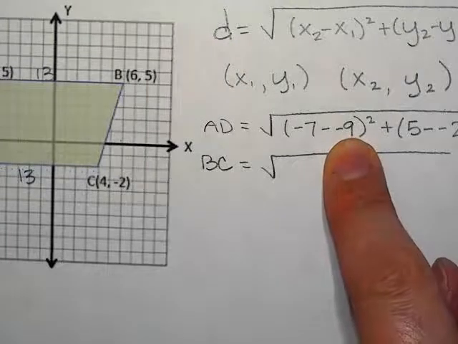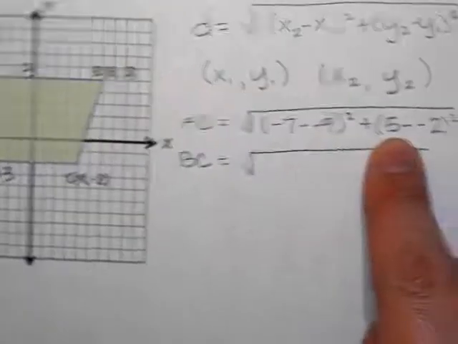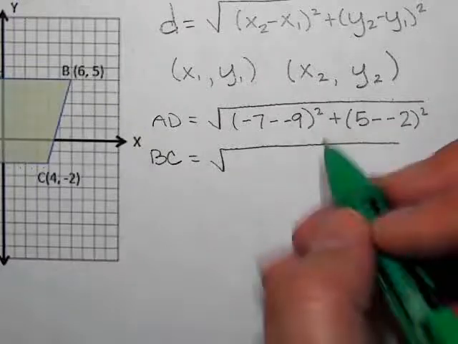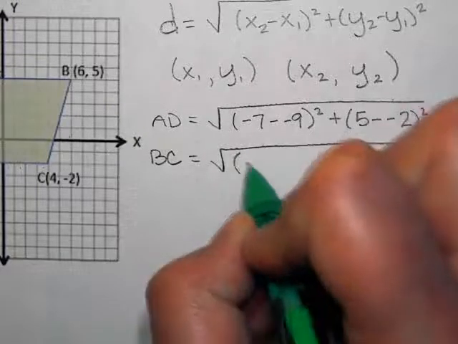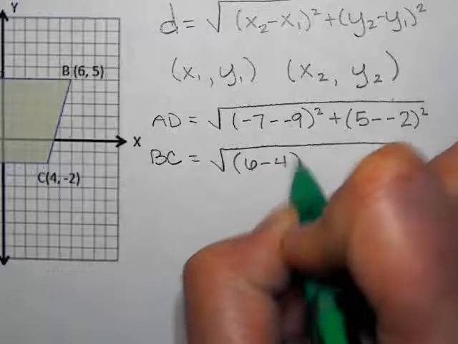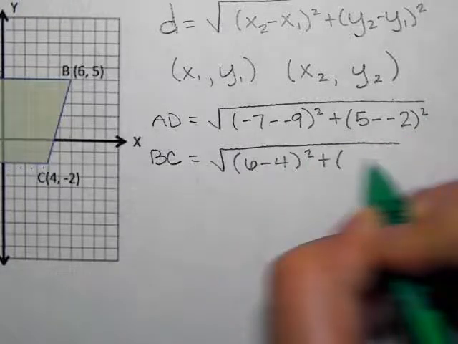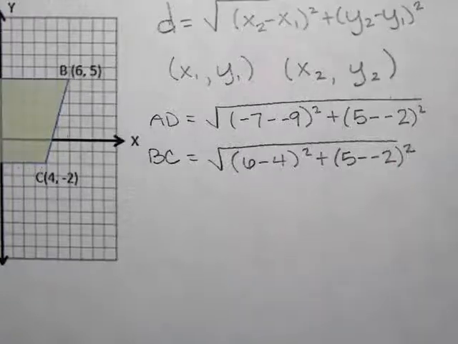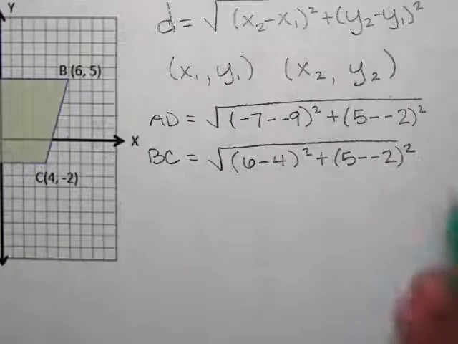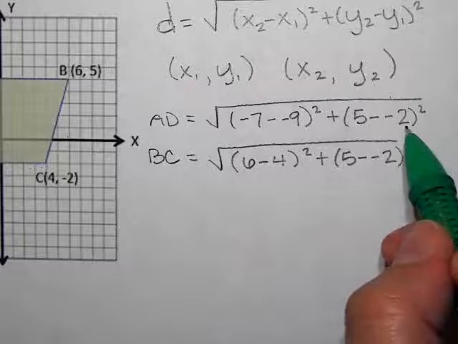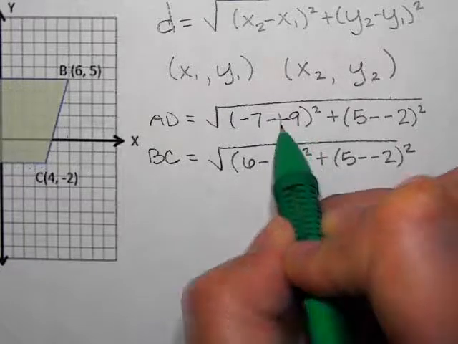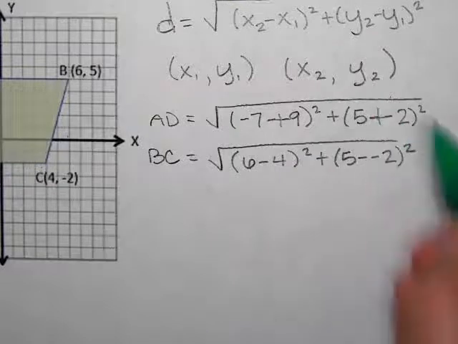And then for BC, I'm going to say 6 minus 4 squared plus 5 minus -2 squared. To make it a little bit easier to plug into my calculator, I'm going to take the minus minus and make it a plus. Everyone good?